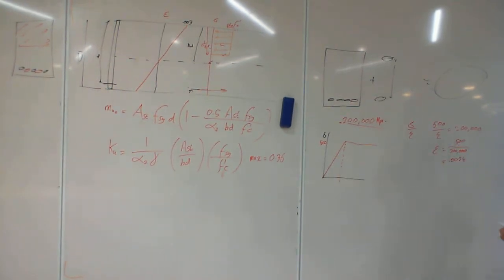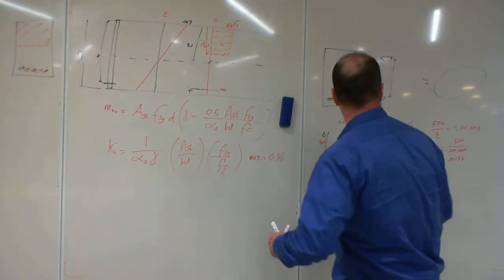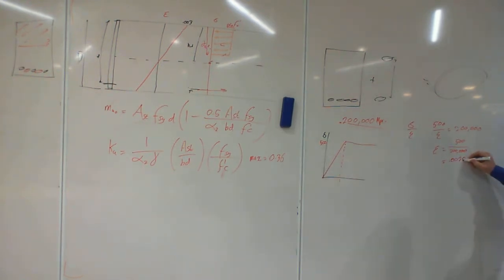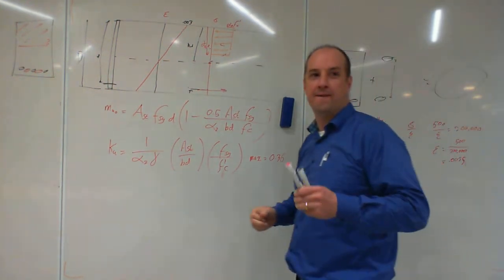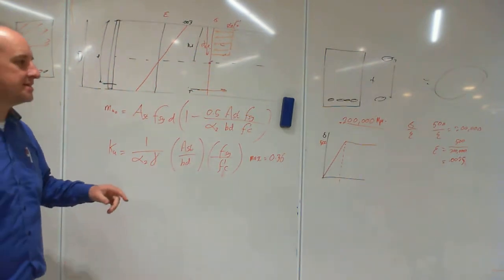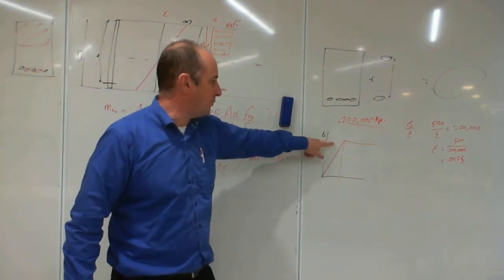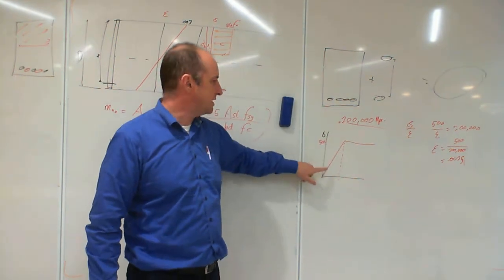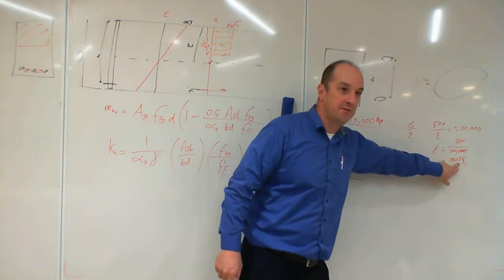Is it 0.0024? 25. 0.0025. Okay? So, what I've said here is that the point at which the steel yields is 0.0025.